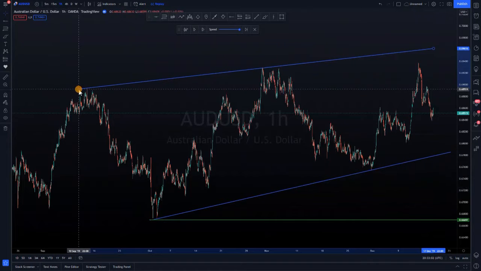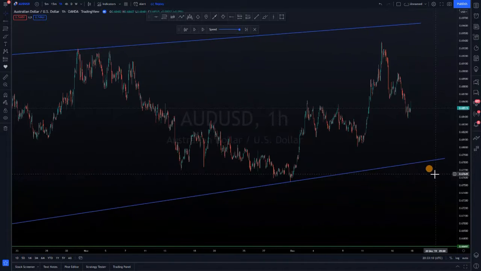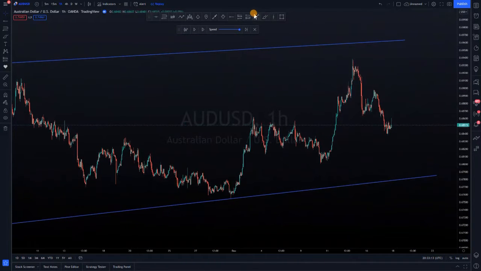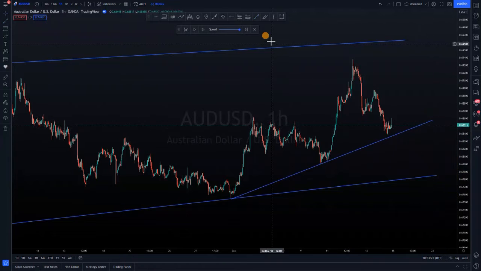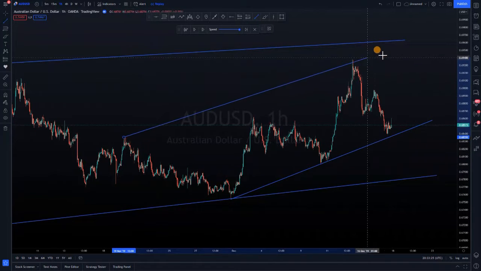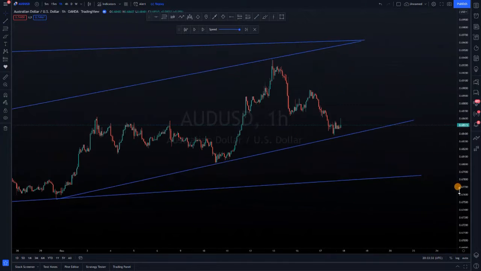I'm just going to adjust them so that you don't leave the highs or the wicks out. So we have two touches above and two touches below. And I think we have another trend line here. Perfect. I think we have another one.